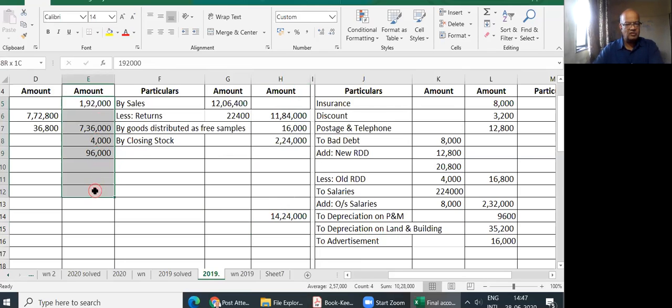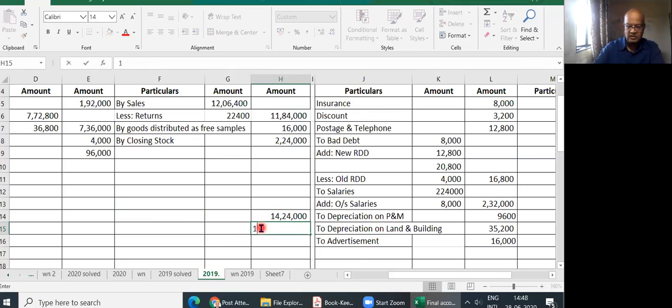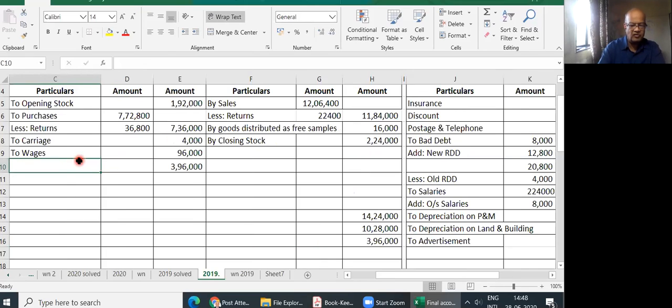Debit side total comes to 10,28,000. Since credit side is bigger, there will be profit. This minus debit side total is 3,96,000. This is gross profit.